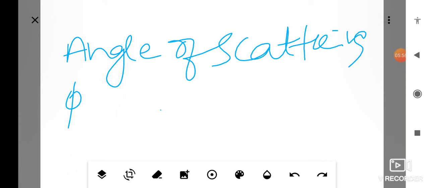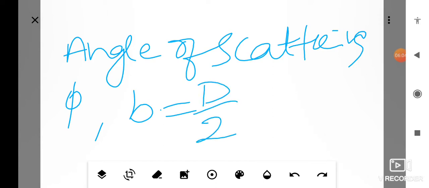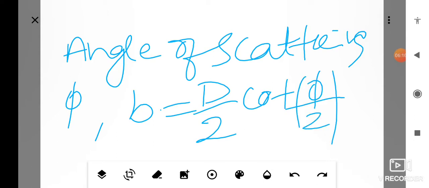Here the impact parameter b and scattering angle phi are related by b equals d by 2 cot phi by 2. See, this is the angle of scattering formula and impact parameter.